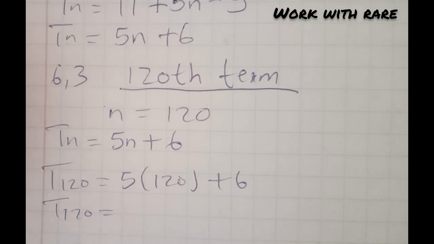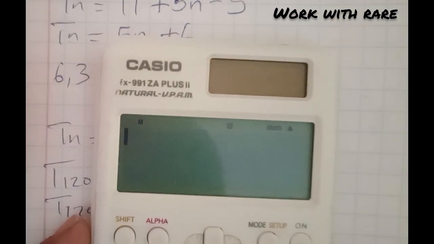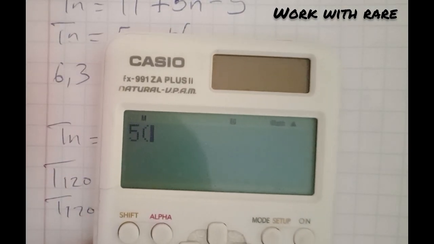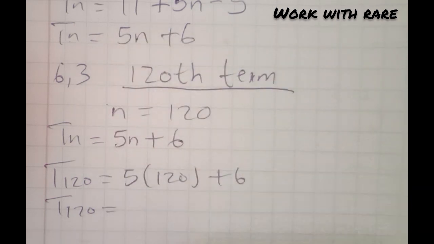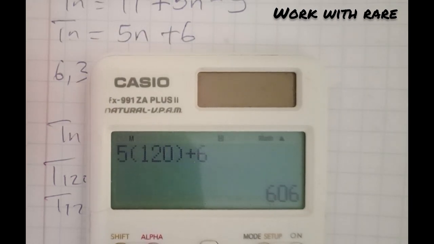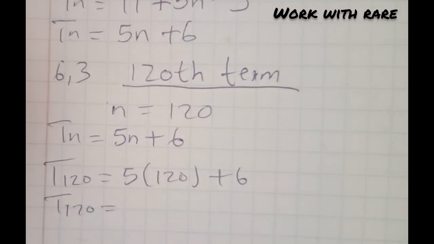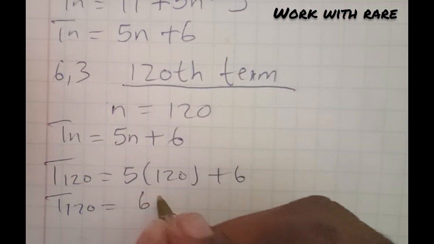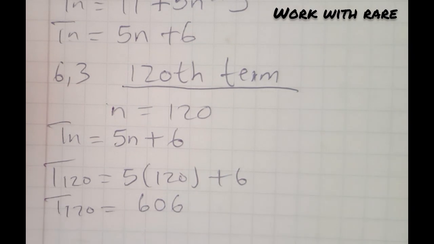So I'll take my calculator and say, open bracket, 5 times 120, plus 6. So it's 606. So our term 120 for that sequence is 606. So that's our final answer.